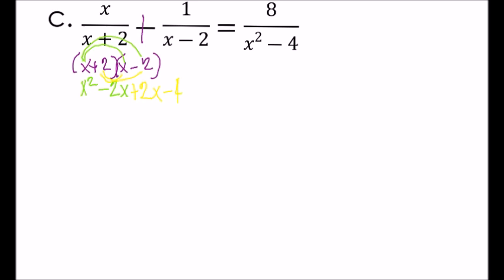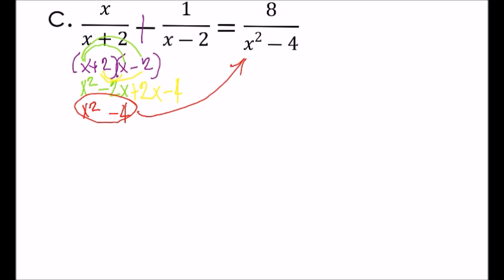We simplify, we will have x squared, negative 2x plus 2x is 0, minus 4. So if you observe, that is the same as this. That means x squared minus 4 is the least common denominator of the example that we have here.